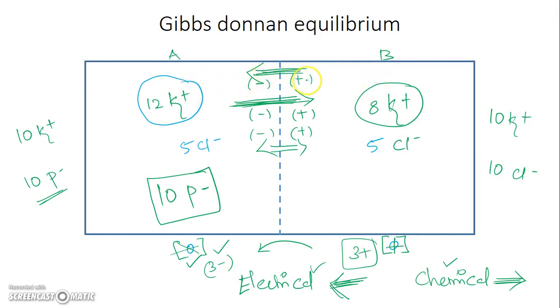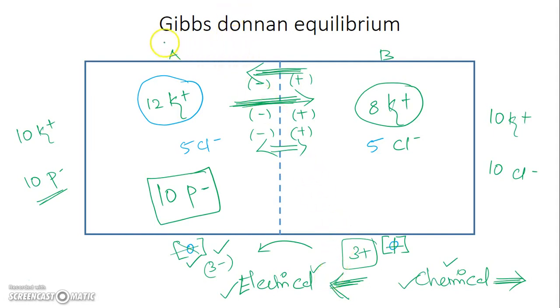Though there will be movement, there is no net movement. One ion will move from here and one ion will be pulled back by the other gradient. So both gradients work with equal and opposite strength, so that there is an equilibrium. There is an electrical gradient and a chemical gradient, but they are equal and opposite to one another.